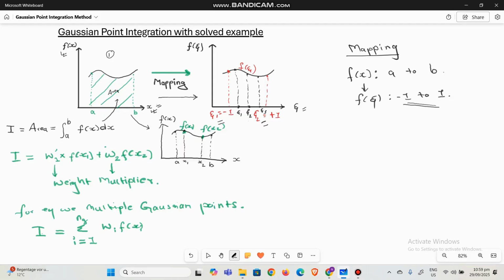So under this system of converting f(x) to f(xi), we have certain formulas that you need to know. Now, what is our main goal?